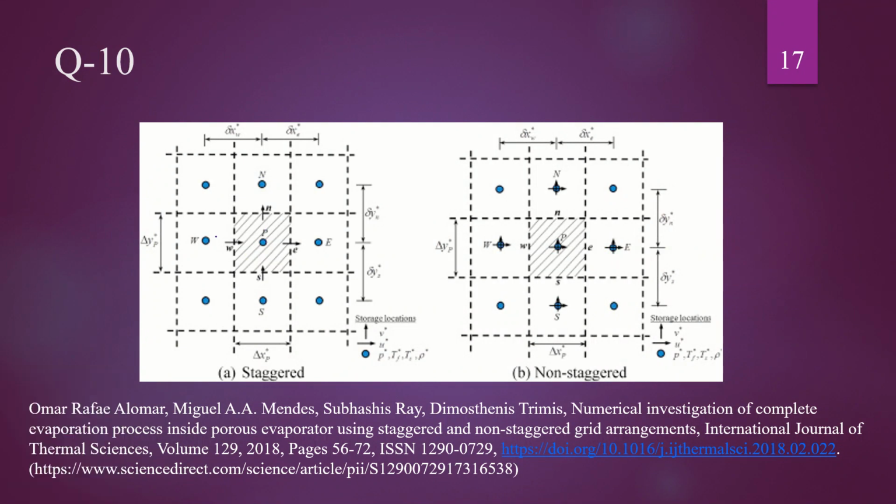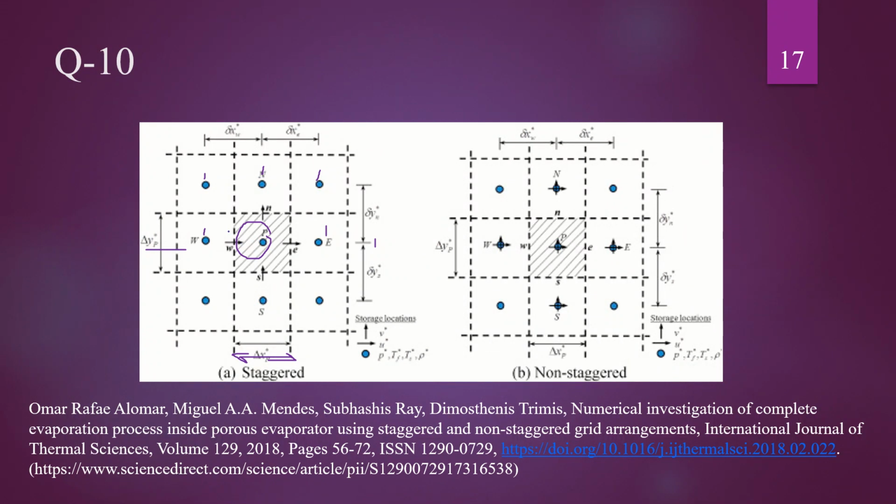This is P, and at cell centered we are having, if P is evaluated at this point, this is delta x and this is delta y. We would be evaluating it at this point, this point, this point.